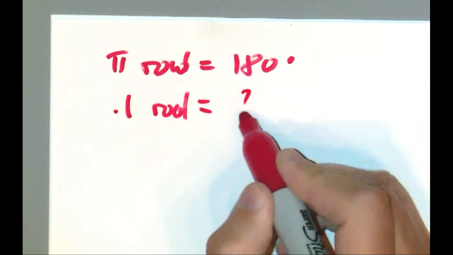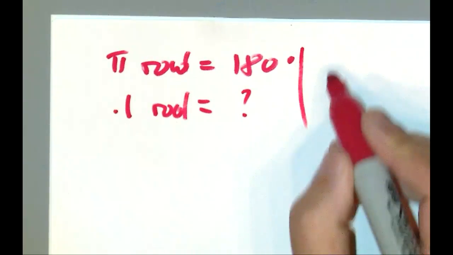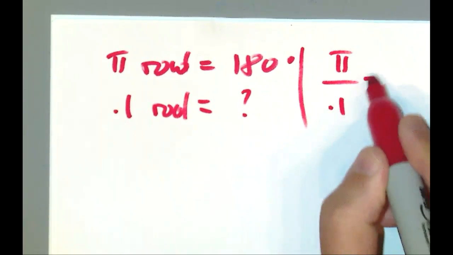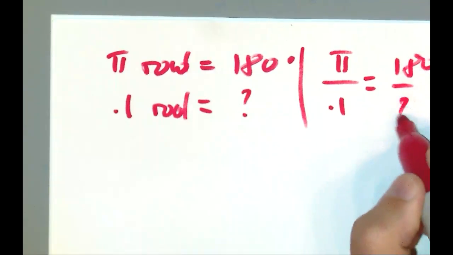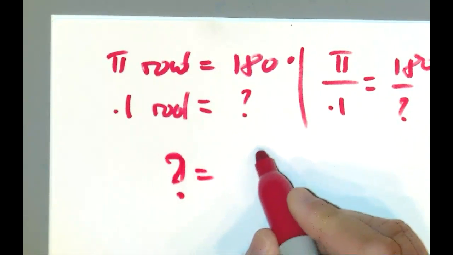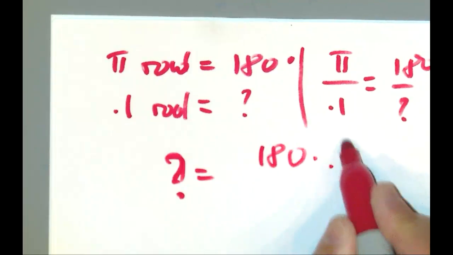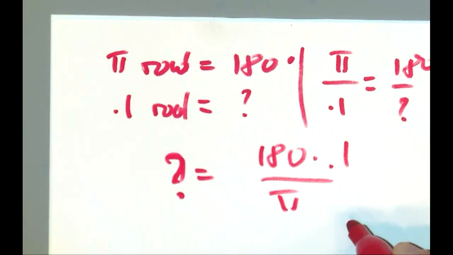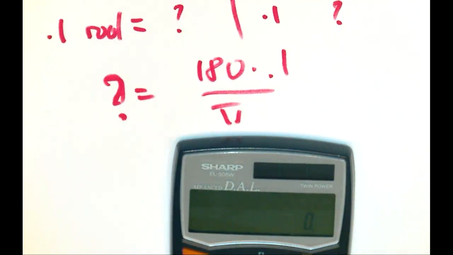So if I have 0.1 radian, and I need to convert it to degrees, all I have to do is this: pi over 0.1 should be equal to 180 over a question mark, and my question mark should be equal to 180 times 0.1 over pi. That's sufficient already. So let's see. No, I don't need second function.